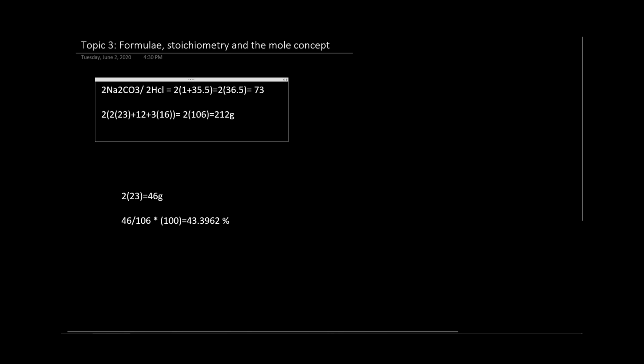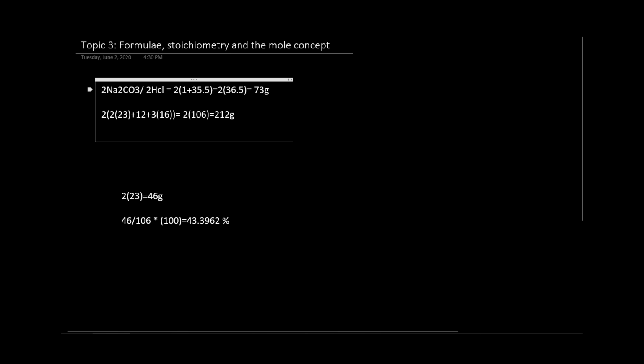So make sure to mention the unit, right? The unit is always gram. The unit of Ar is gram, and hence the unit of relative molecular mass and relative formula masses are all measured in grams. The standard unit is gram here in chemistry.